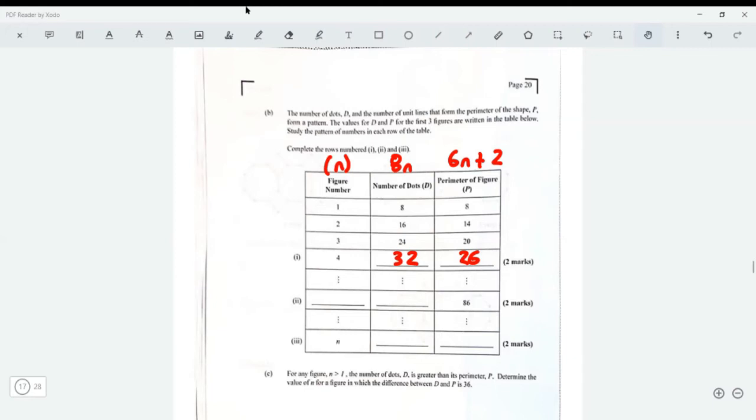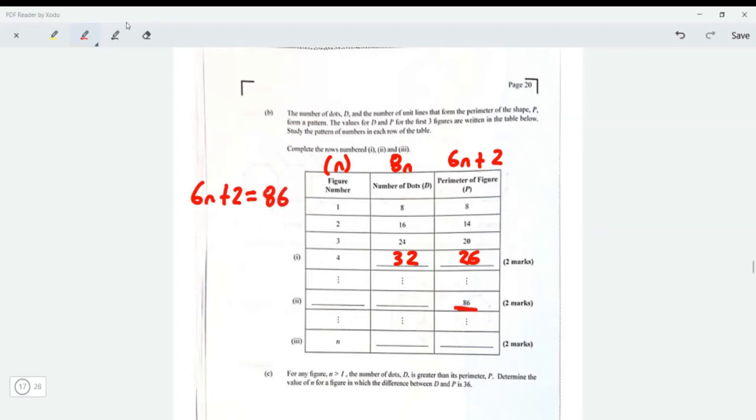That's easy to find now because we know that the perimeter P is 6n plus 2. So what we can say is 6n plus 2 is equal to 86. From that, we're really saying that 6n is 84. And if you divide both sides by 6, then n is 14. So the figure number is 14.